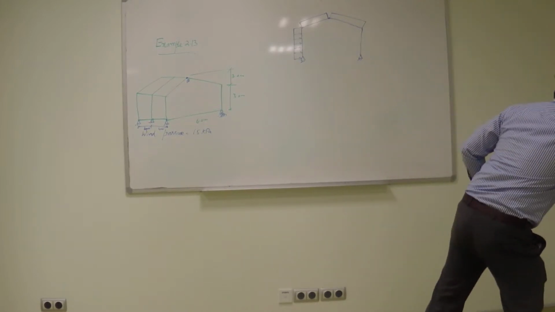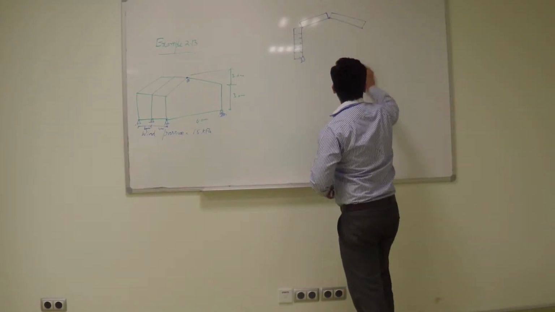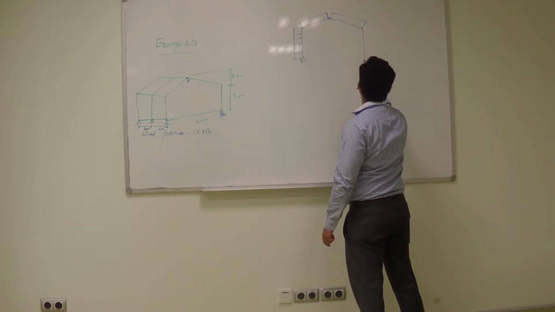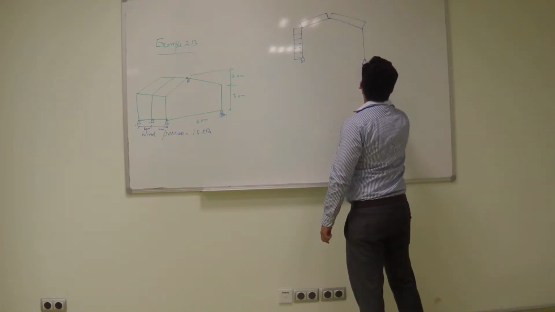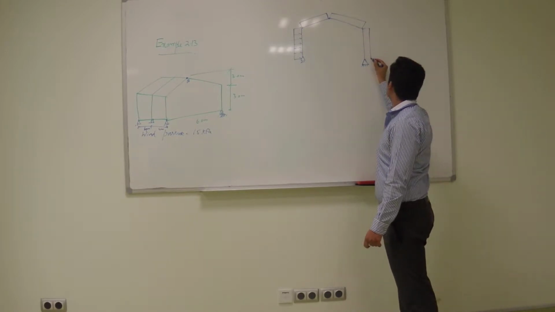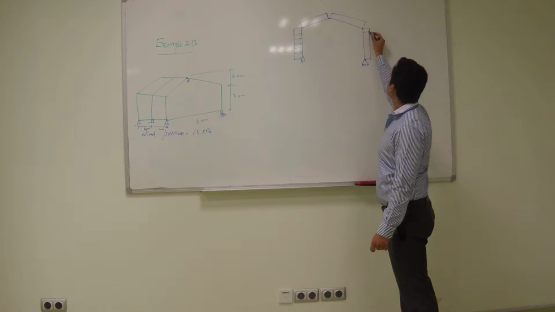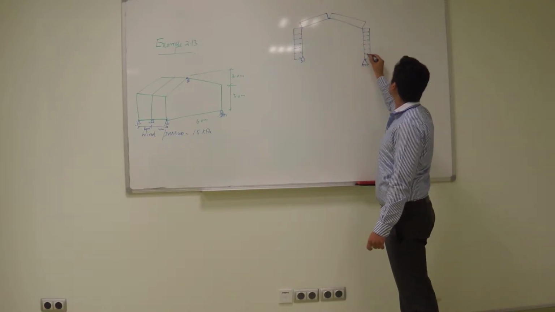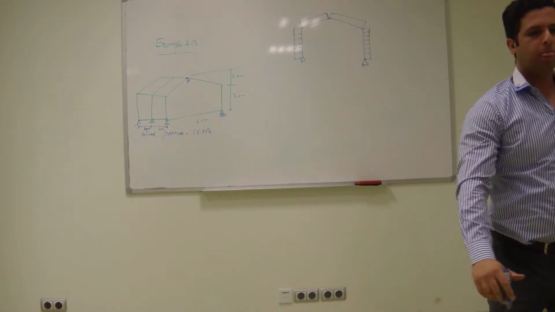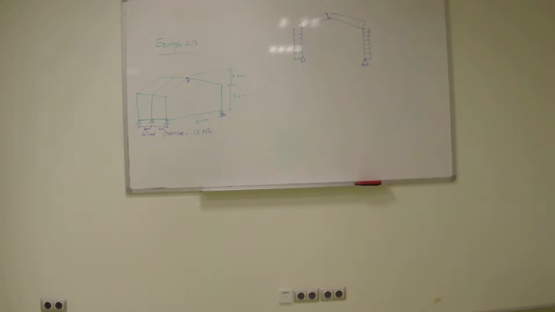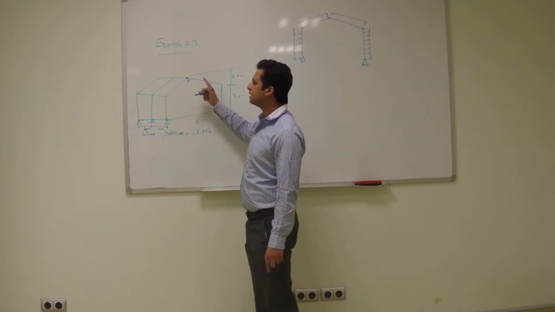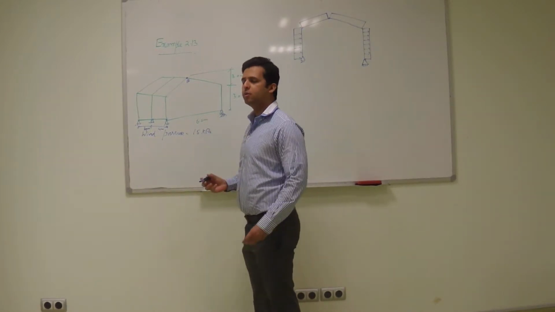So, this one would be how much? How much would be the pressure at the top and here? So 5 kilopascal, which is into 4, so it will become how much? 20 kilonewton per meter. So these two are the windward sides and these two are the leeward sides.